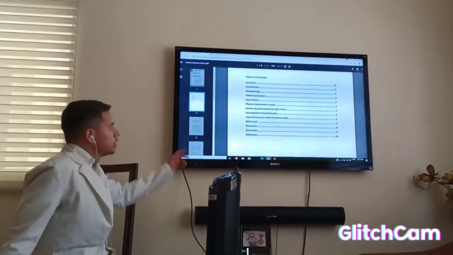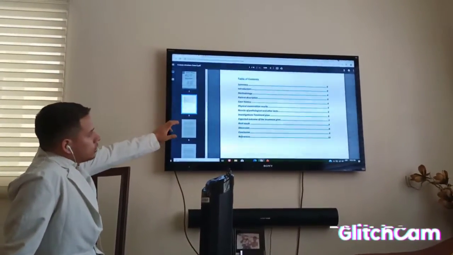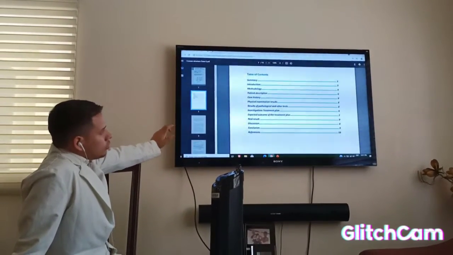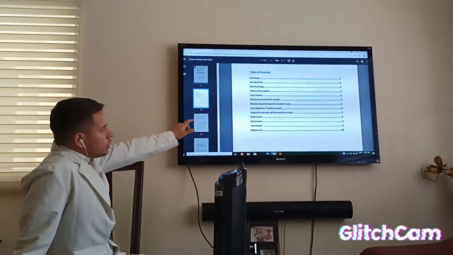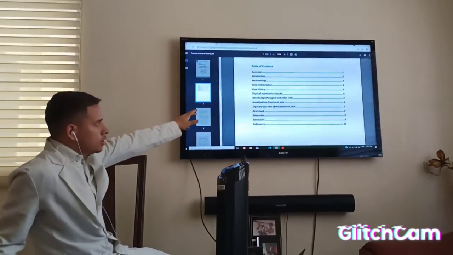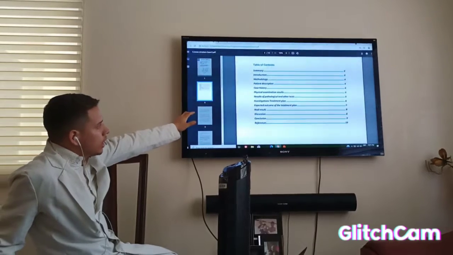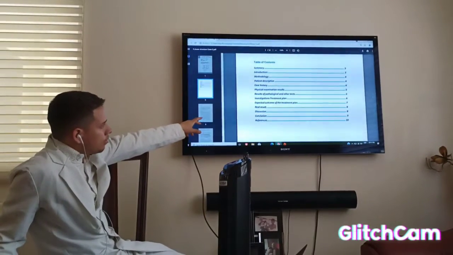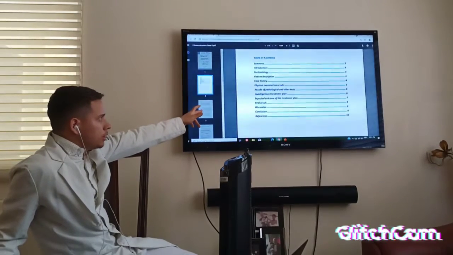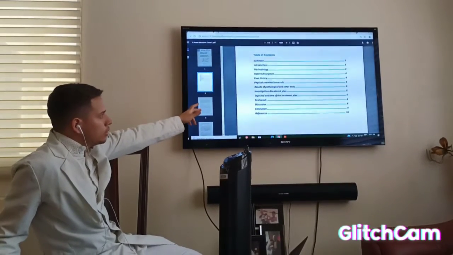Table of contents. Summary, 3. Introduction, 3. Methodology, 4. Patient description, 4. Case history, 4. Physical examination results, 5.